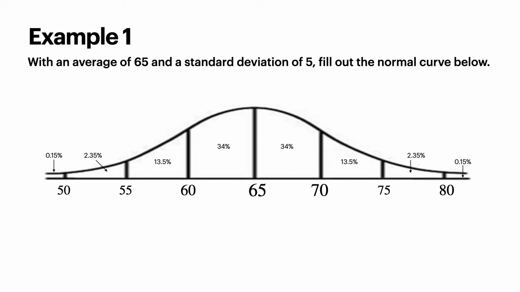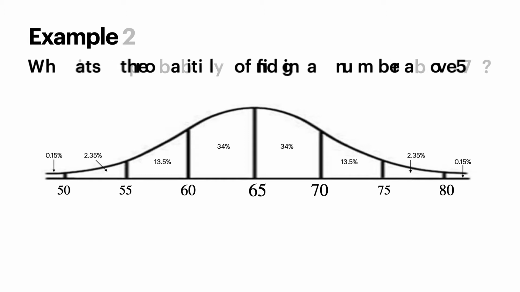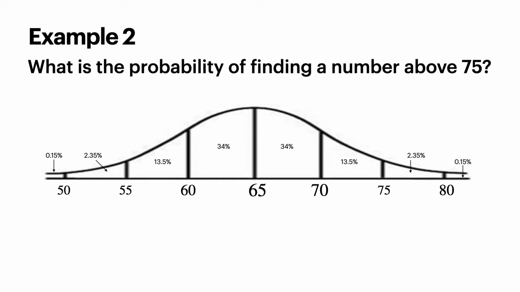Okay. Now, because we've done that, now we can start answering questions about the probability of events occurring. So say this was an exam. What's the probability of the student getting above a 75 on their exam? Okay. Well, above 75, that's going to be the probability or the percentage greater than 75.